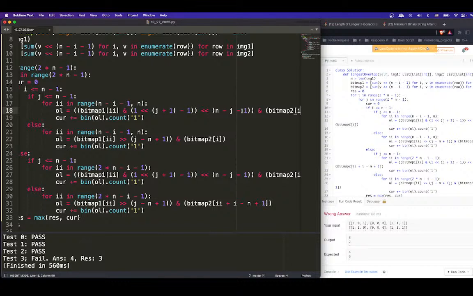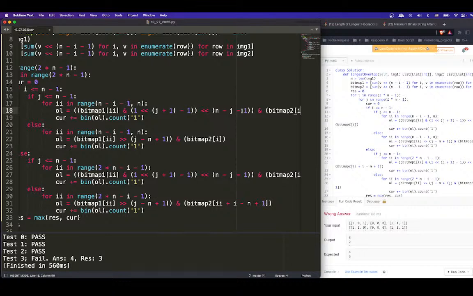And oh, how do I transfer? How do I transfer? Shoot. Come on. You're almost there.